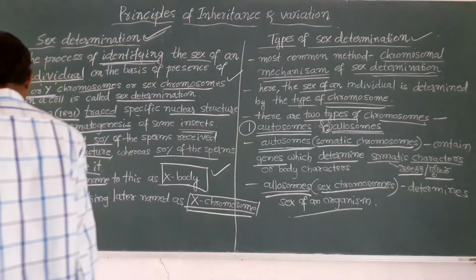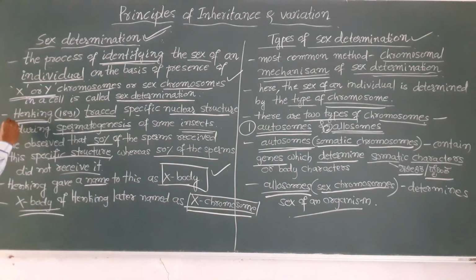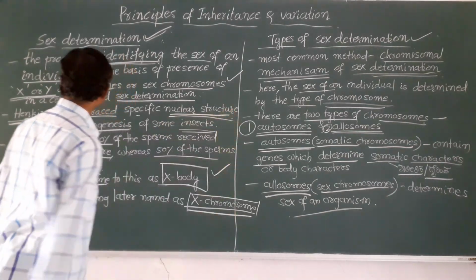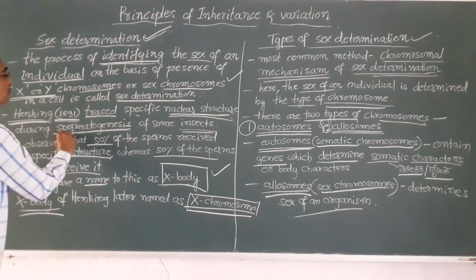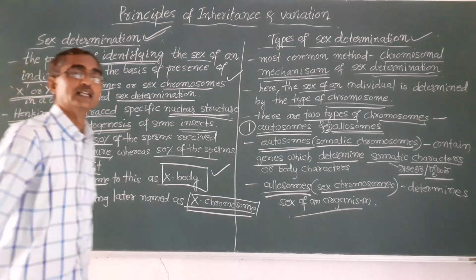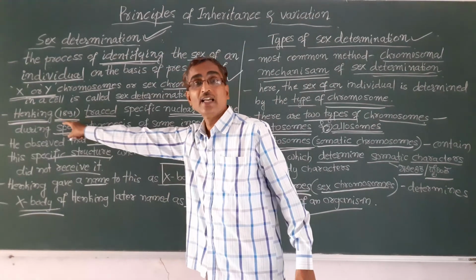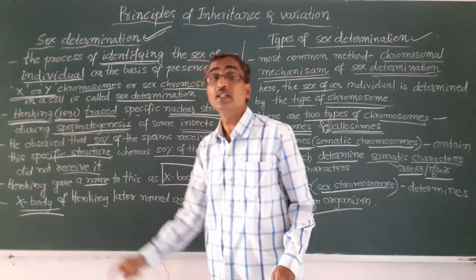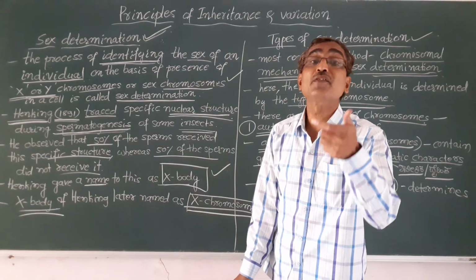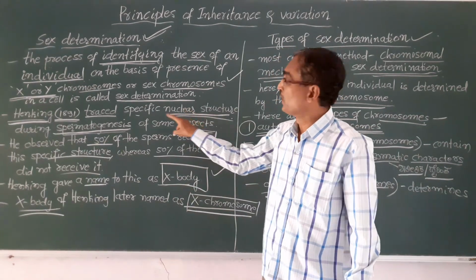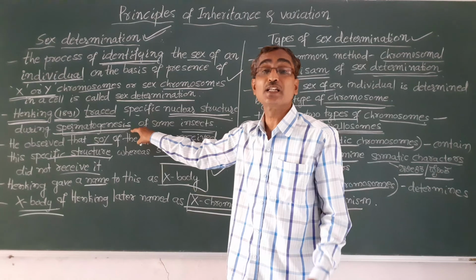The scientist Henking, in the year 1891, traced, that is found out, a specific nuclear structure during spermatogenesis.